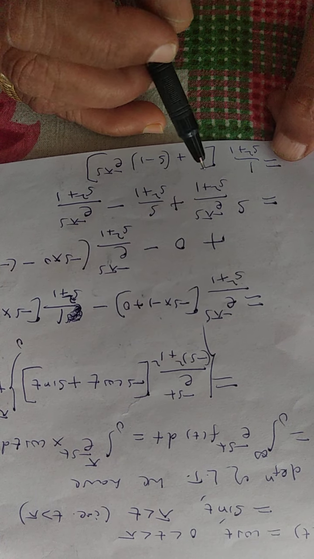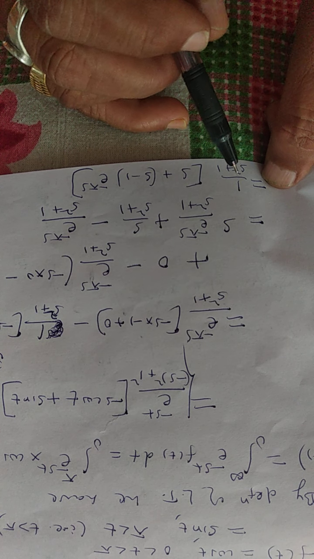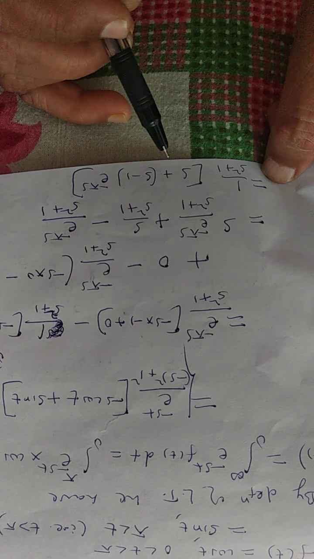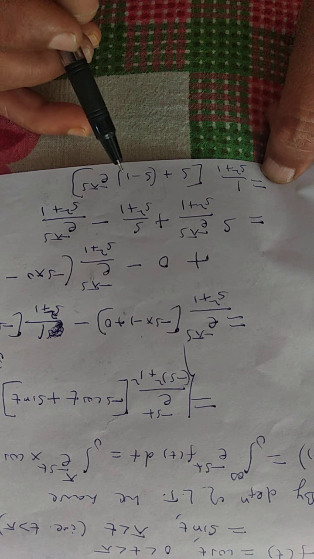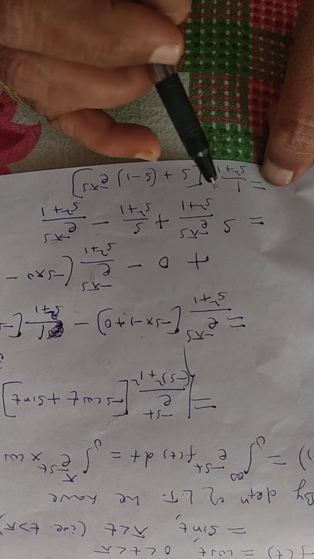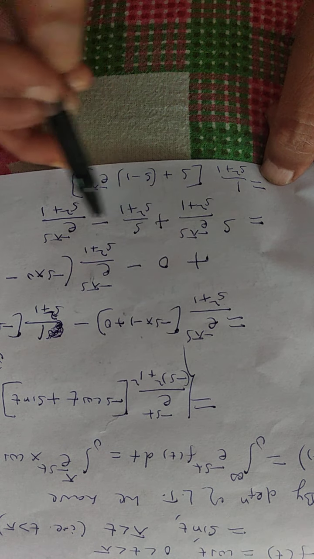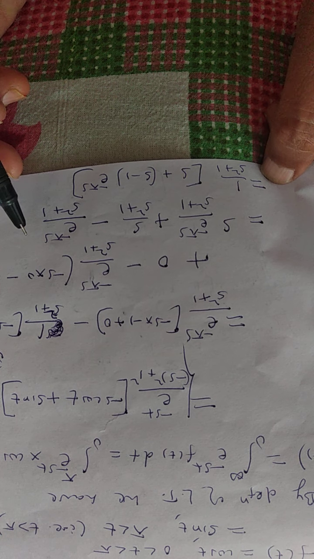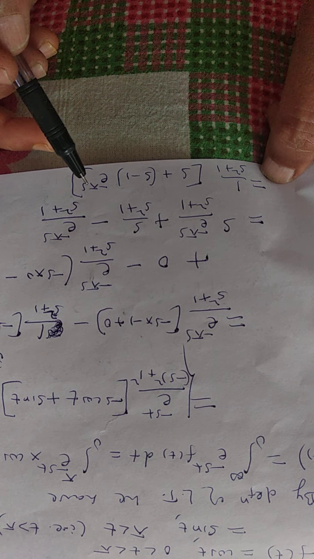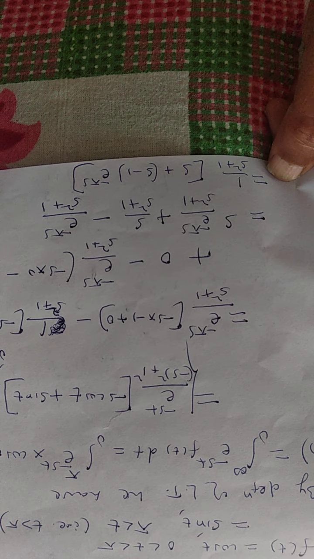So after the simplification, we will get the final answer as 1 upon s square plus 1 into bracket s plus s minus 1 e raised to minus pi s. If you are not able to do this, leave the answer here only. But do not make any mistake in writing the last step. Otherwise, you will lose the marks.